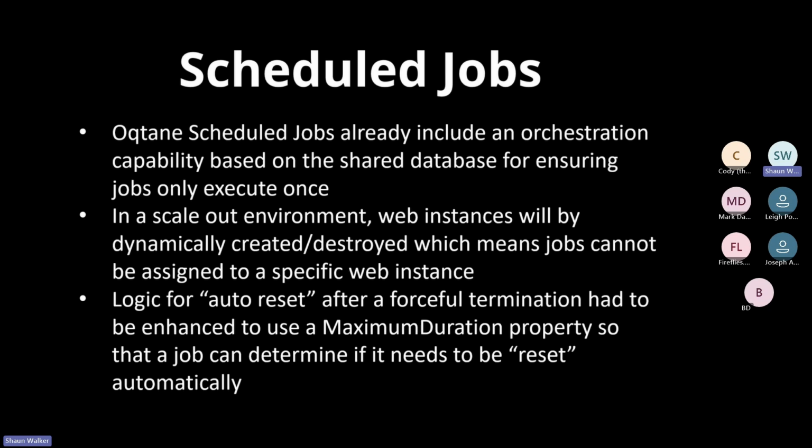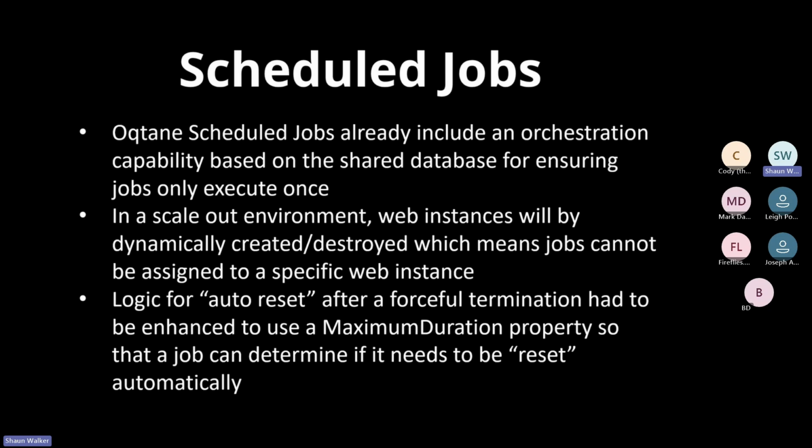The way that DNN supported web farms was you could specify a specific server that a scheduled job was intended to run on. That didn't always work as expected, partly because, especially in the new cloud environments, these web instances are spun up and torn down dynamically, often if you're using an elastic approach for scalability, which observes the load on your environment.